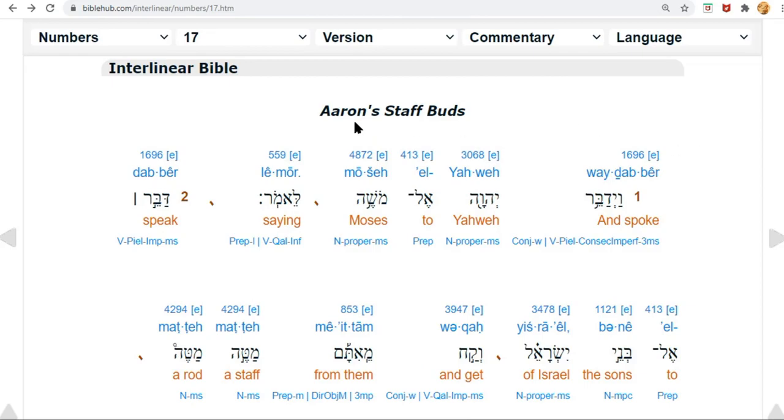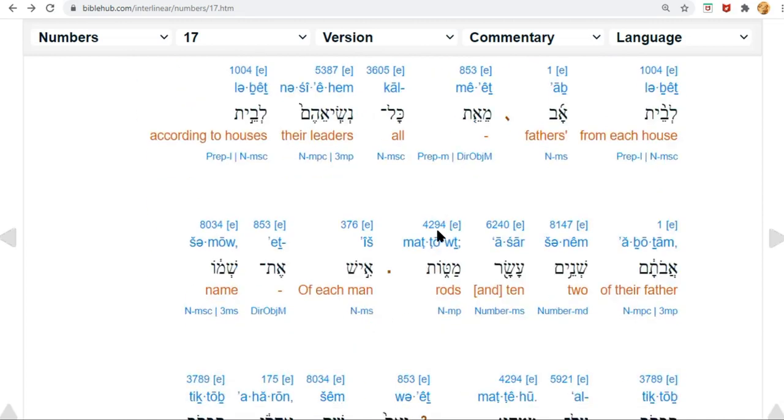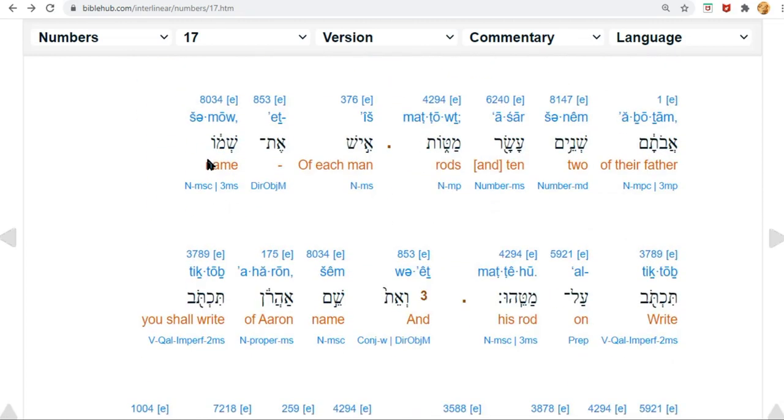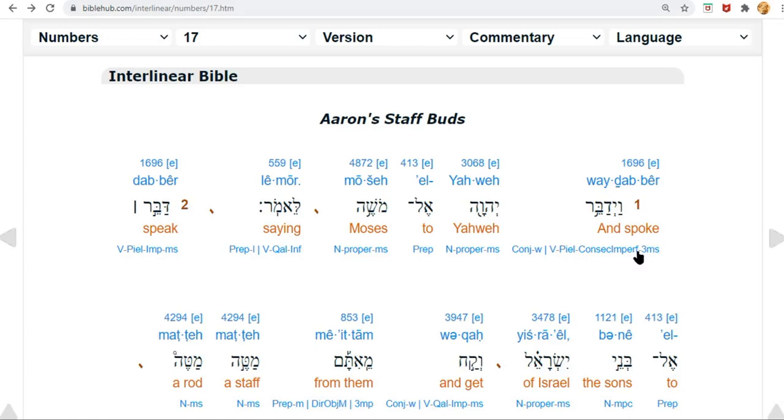So I guess the second most famous one is in Numbers 17, when he's told to write the name of each man on his rod, on his math. This starts with the most common line in the Bible. A huge number of paragraphs start with the same line.